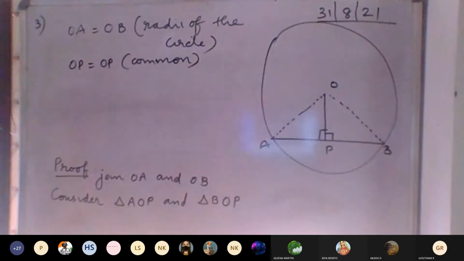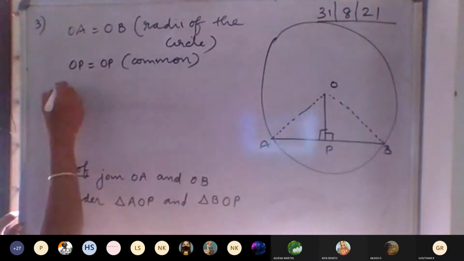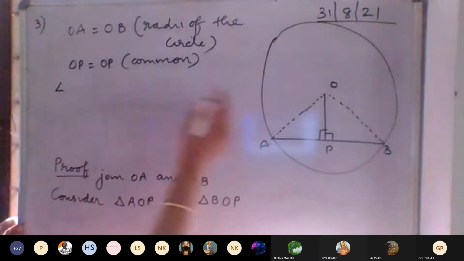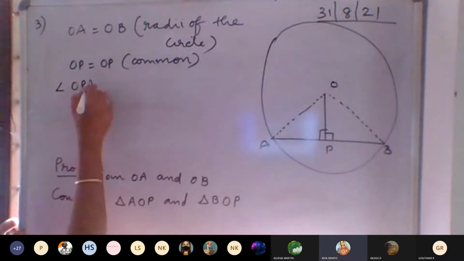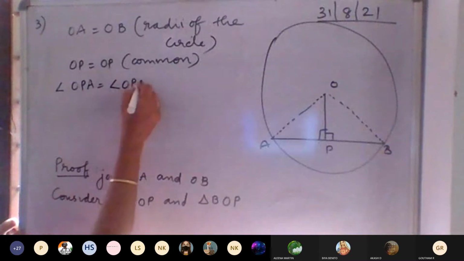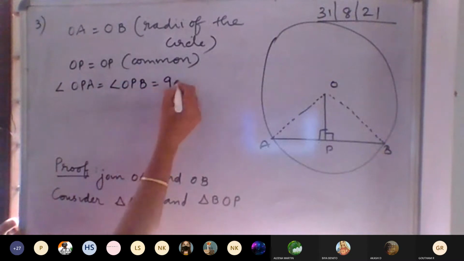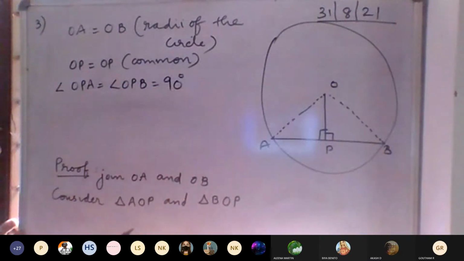Then perpendicular is given, so we can write two angles are equal. Which are the two angles? Angle OPA is equal to angle OPB is equal to 90 degrees. This is very important, you should write that.